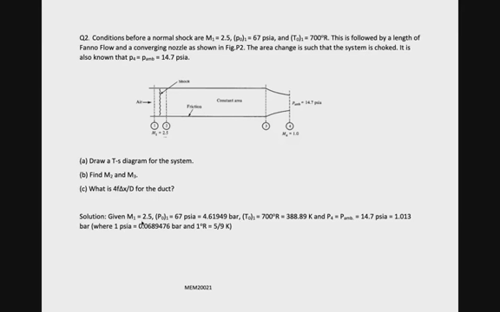Now the given conditions are M1, stagnation pressure at 1, which is equal to 4.61949 bar or 67 psi, as we know 1 psi is equal to 0.0689476 bar.